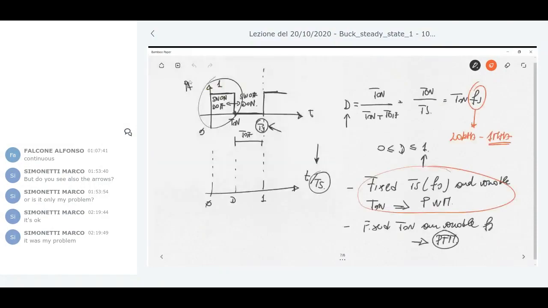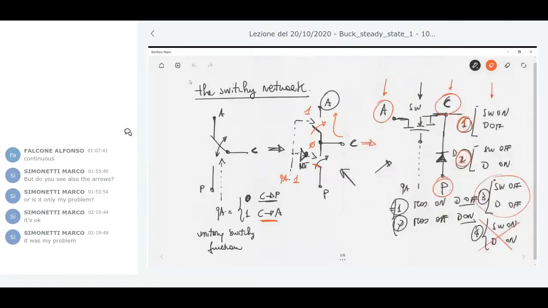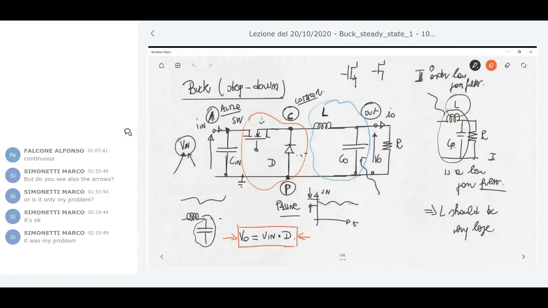Now I have to describe the behavior of the low pass filter by using the switch network concept I just explained. So this is the buck. I have the switch network, which can be operated in two different ways: switch on, diode off, or switch off, diode on.